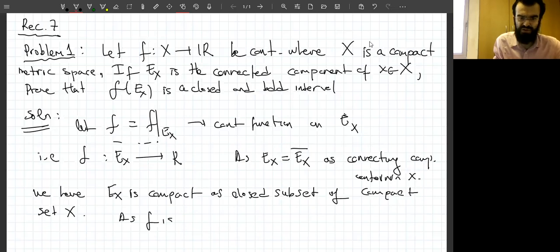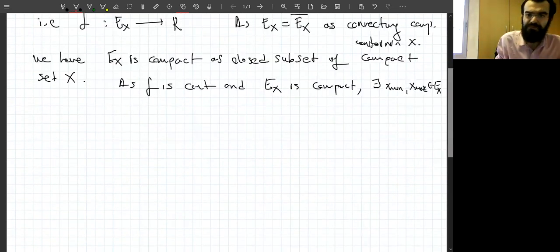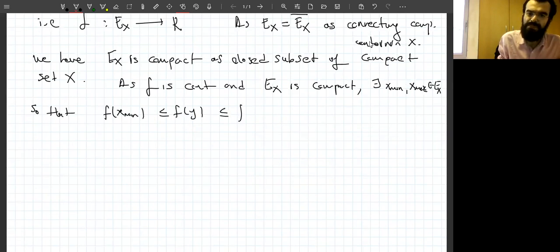As f is continuous and E_x is compact, there exists x_min, x_max in E_x so that f(x_min) ≤ f(y) ≤ f(x_max) for all y in this connected component.